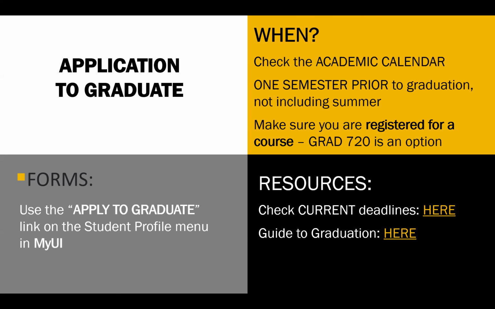And you can cancel it and then you won't be charged. It's only charged when it gets processed through the registrar's office, but they'll honor that date that you submitted it. So if you're not totally sure if you're going to graduate the next semester or not, and your major professor approves you applying to graduate, you can do that. So again, you'll need to get into My UI, get onto your student profile, and you'll select apply to graduate.